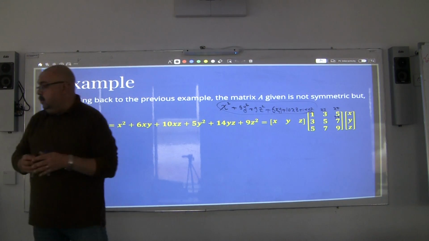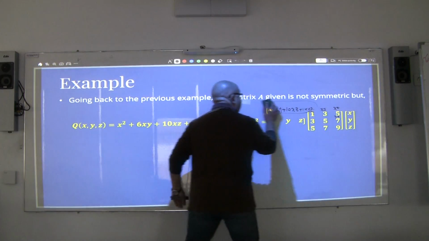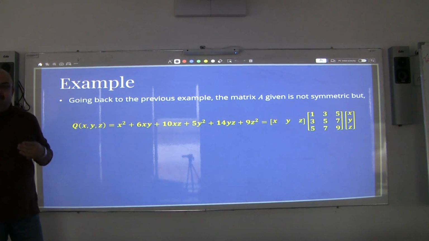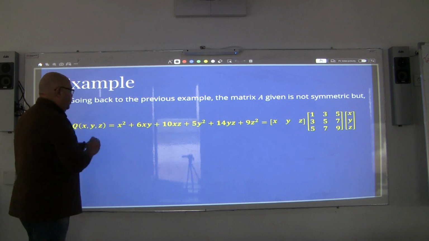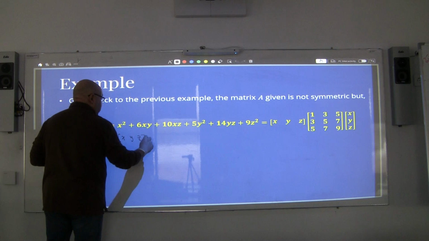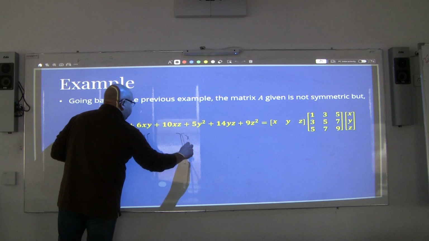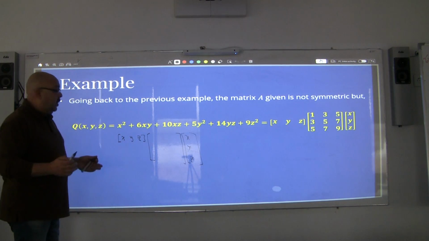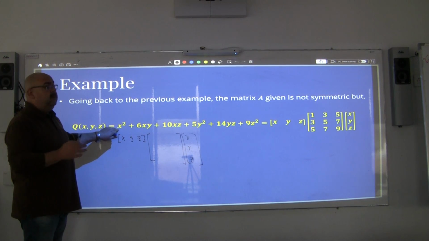The nice thing about symmetric matrices is that I can also get the matrix out of the quadratic form if it's given. So if I have the quadratic form, I can quickly write the matrix. See how I'm going to do it. If this is x, y, and z, I can write the 3 by 3 symmetric matrix assigned to this quadratic form very quickly.